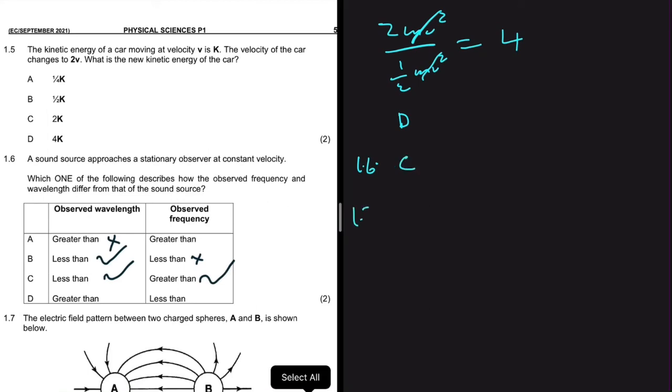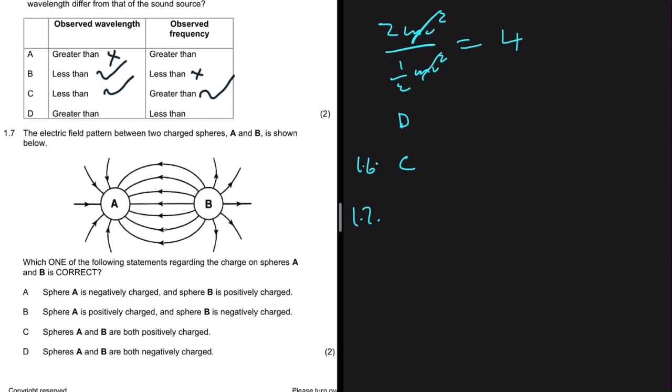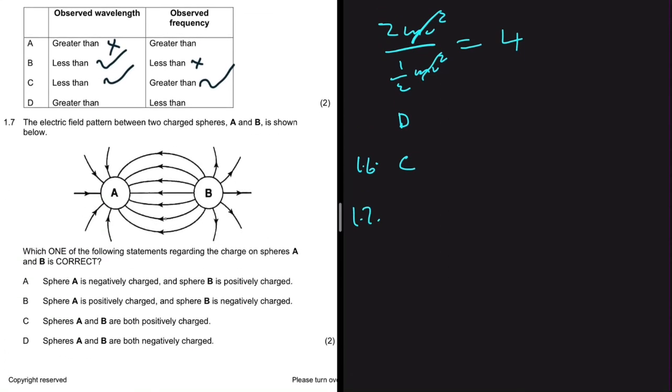And then 1.7 says the electric field pattern between two charged spheres A and B is shown below, right? We have the electric field pointing towards A and moving out of B, right? So before we go any further, if the electric field lines are pointing towards, then that sphere is negatively charged.